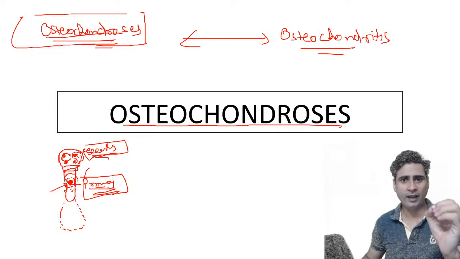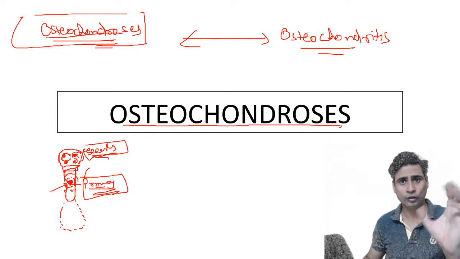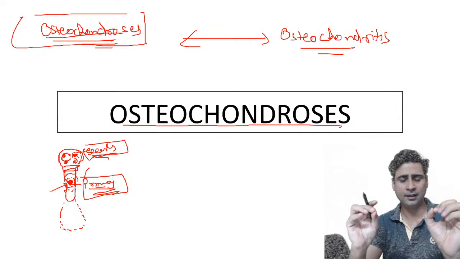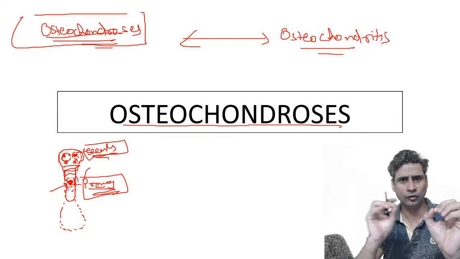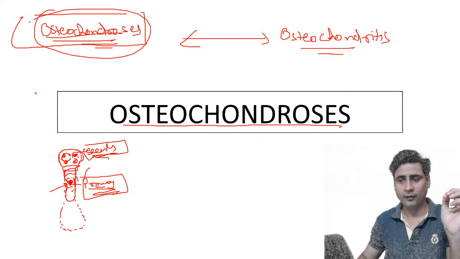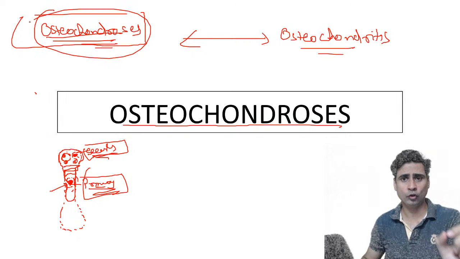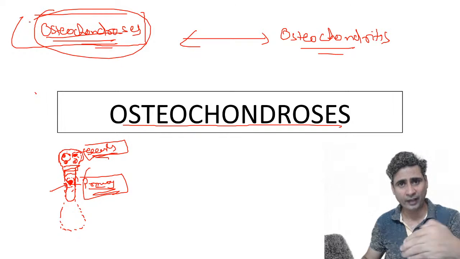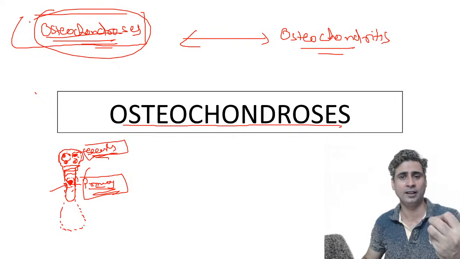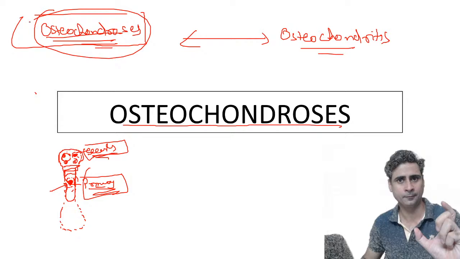So there will be a defect in endochondral ossification. All those diseases, Perthes disease, Panner's disease, Sever's disease, Osgood-Schlatter's disease, those are osteochondroses, where there is avascular necrosis of the ossification center with defective endochondral ossification. Those are not osteochondritis, and they have been incorrectly mentioned in some of the textbooks as osteochondritis.